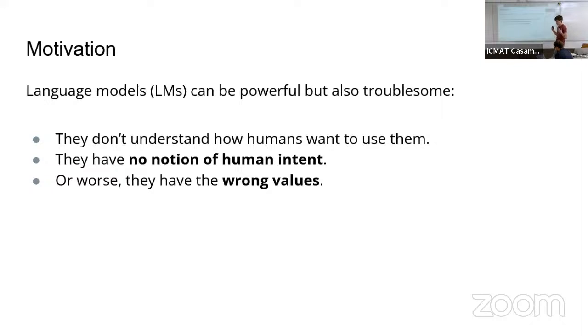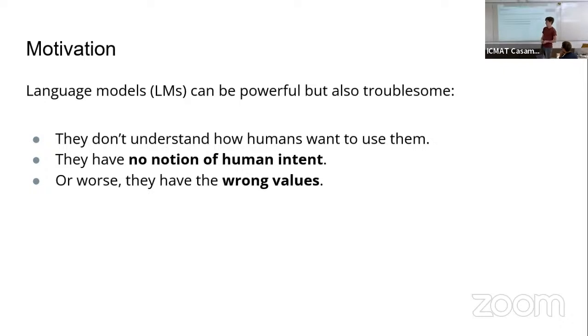All right. So the motivation behind this is that large language models can be very powerful, as you know, but they also can have problems because, as Carlos told us the other day, they have been pre-trained over large amounts of text from the internet. The problem is that on the internet, as you know, there are a lot of biases and harmful content. So RLHF, reinforcement learning from human feedback, aims to translate some notion of human intent and values to the fine-tuned language models, so we can control the language model.